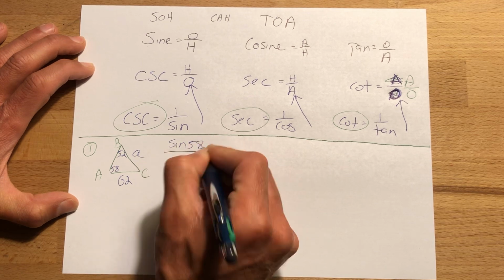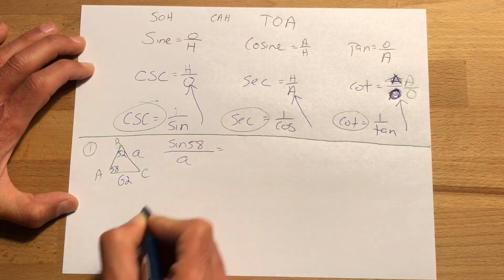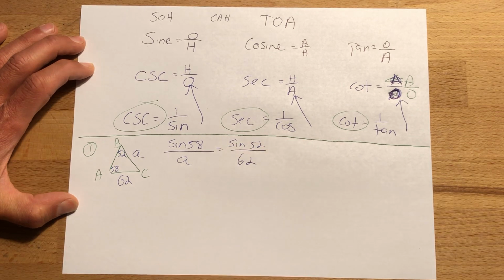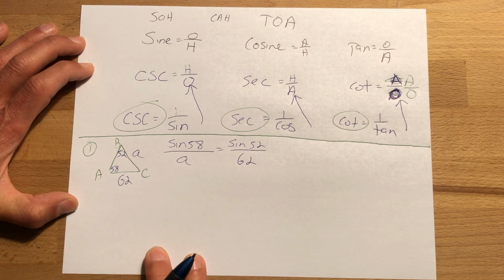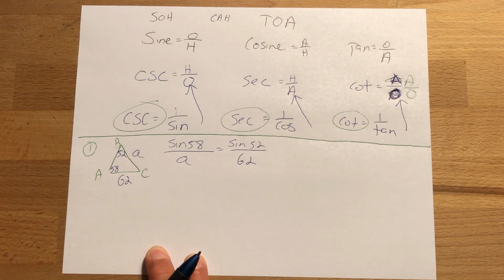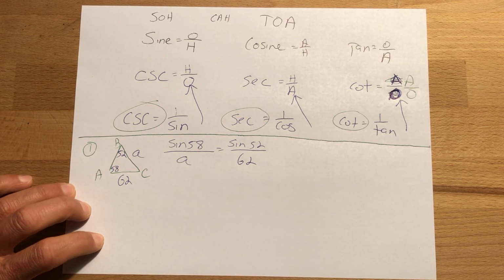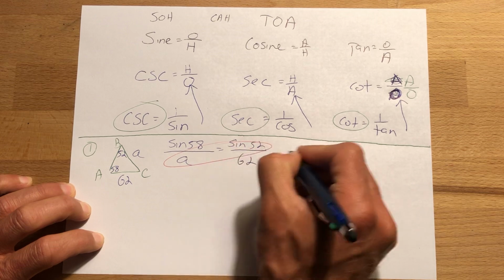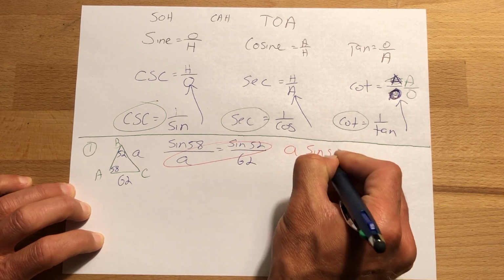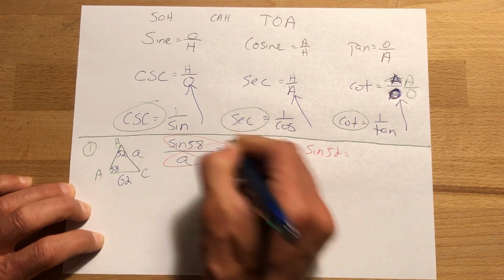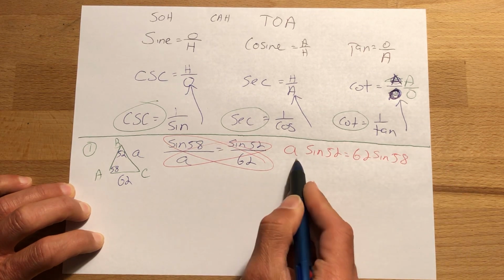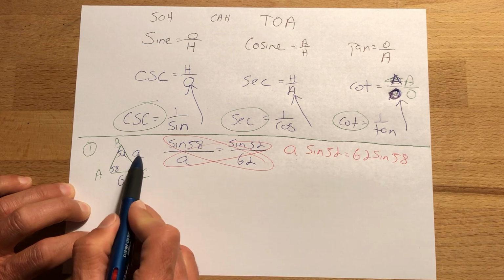Sine 58 over side A equals sine 52 over 62. Now, I'm not going to do all this mathematically, but what I'm going to do is just set it up and then walk you through it and then move on to the next one just for the sake of time. So I'm going to cross multiply, and I'm going to get A times sine 52 equals 62 times sine 58. Divide both sides by sine of 52, and that's what A is.